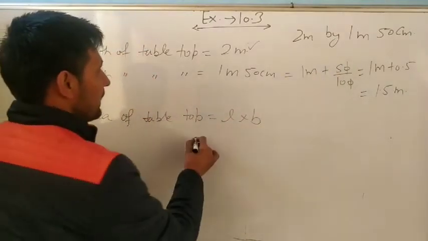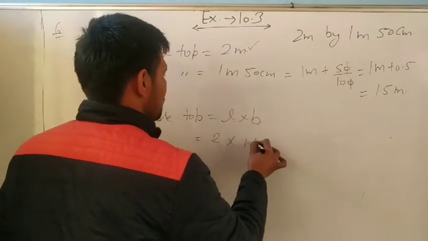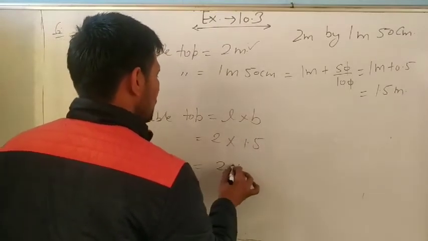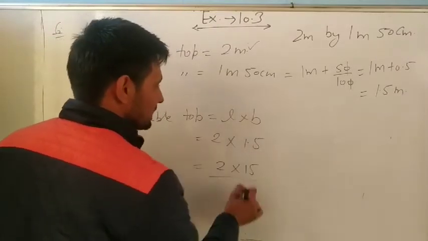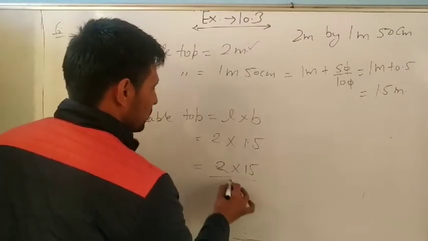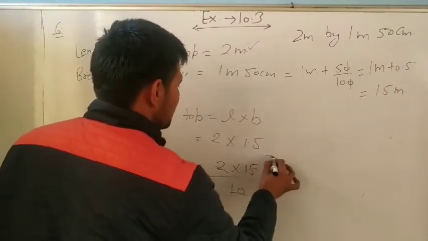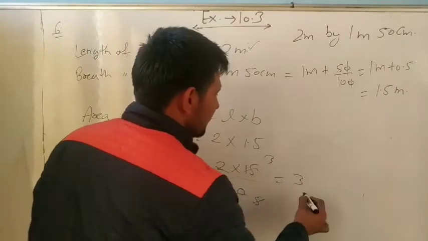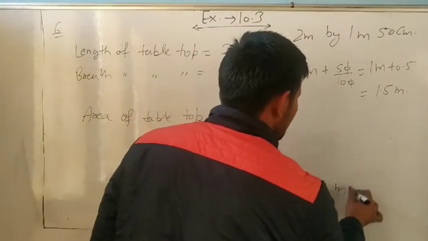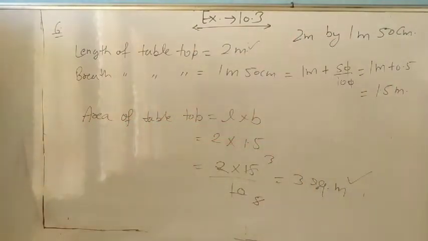Length 2 meter, breadth 1.5. So 2 into 15, remove decimal, divide by 10. 2 into 5 is 10, 2 into 1 is 2, so 30 by 10, which is 3. So 3 square meter. Always area in square meter or square centimeter. Understand it?